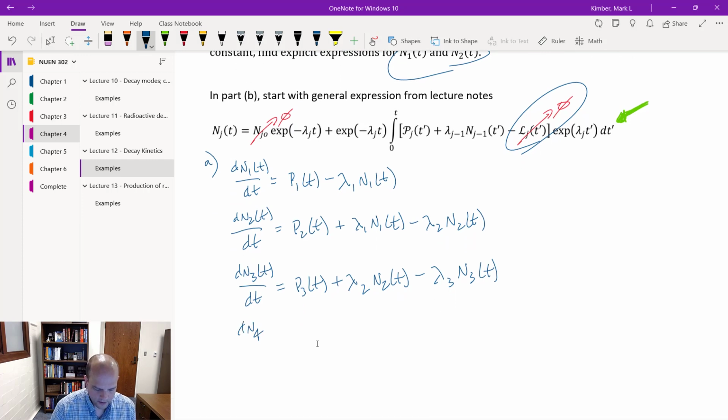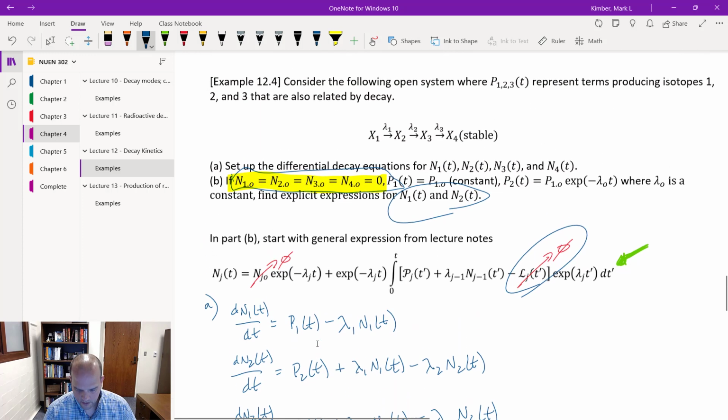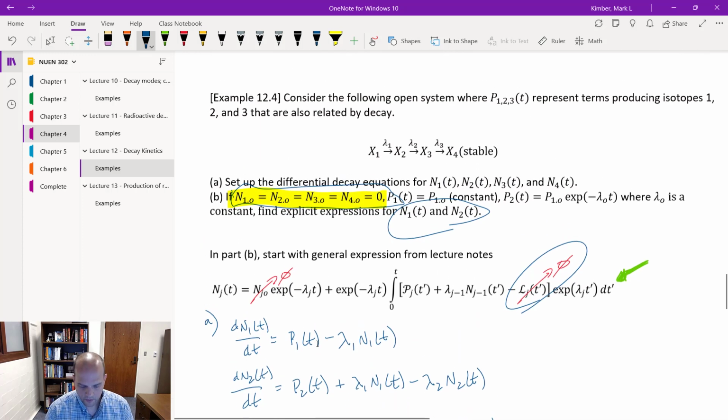And my last differential equation, I'll have some production for isotope 4. Actually, no, we don't, because this here tells me that I have production terms for 1, 2, and 3, but none for isotope 4.